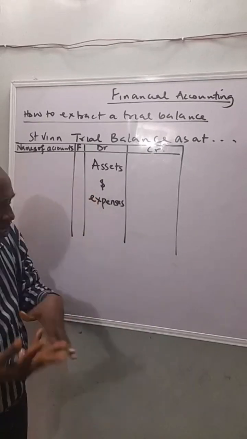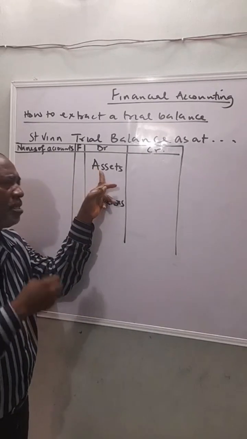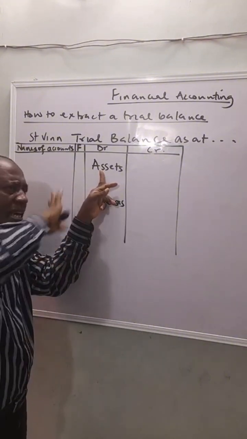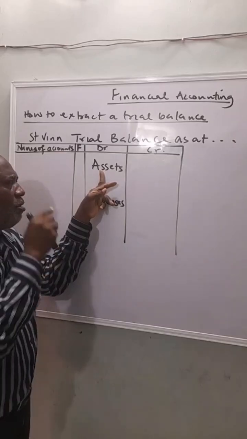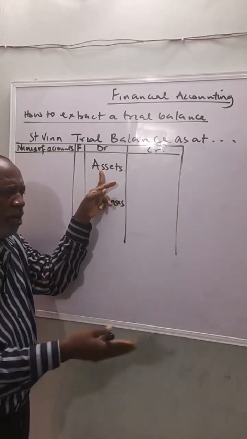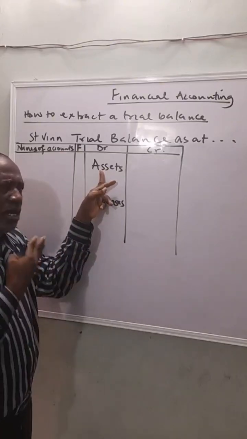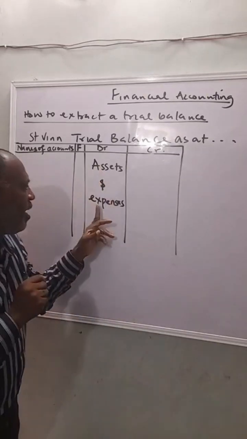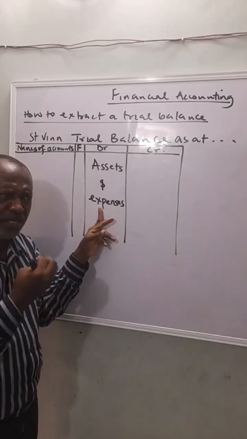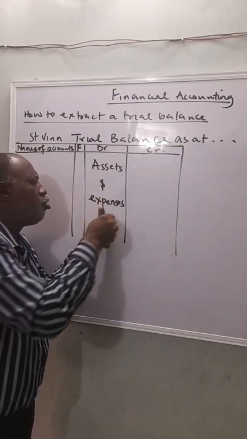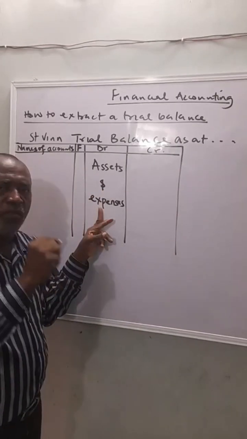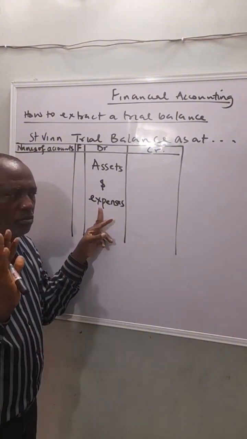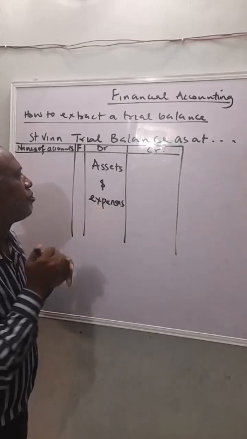Non-current assets like motor vehicle, typewriter, buildings, and so on. Then current assets like debtors, closing stock, and so on. Expenses: as an accounting student, you should have an idea of examples of expenses like rent, discount allowed, motor expense, and so on.